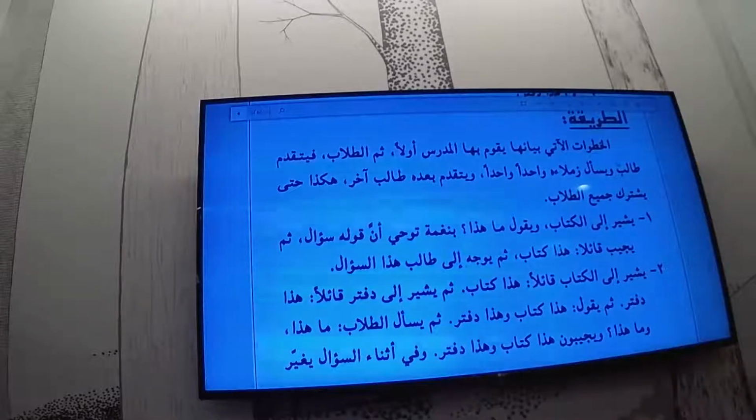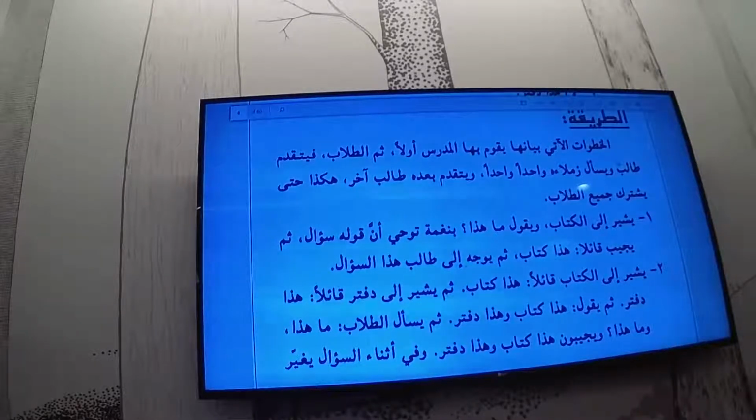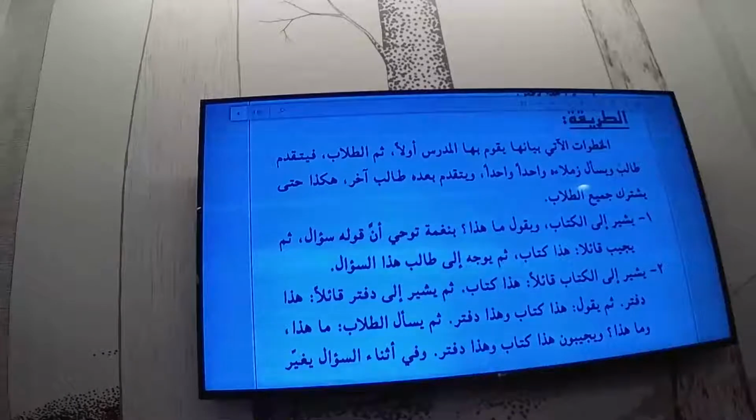Now hadha kursi. Ahadha babun? Ma hadha? Hadha babun. Now hadha babun. Ahadha kursiyun? Ma hadha? Hadha babun. Wa ma hadha? Hadha kursi. Hadha babun. Isn't that a template?